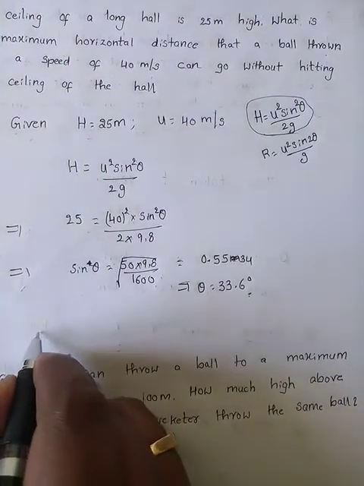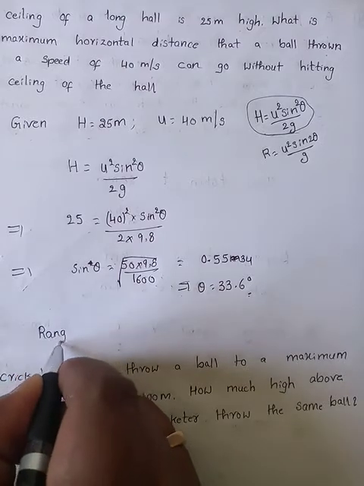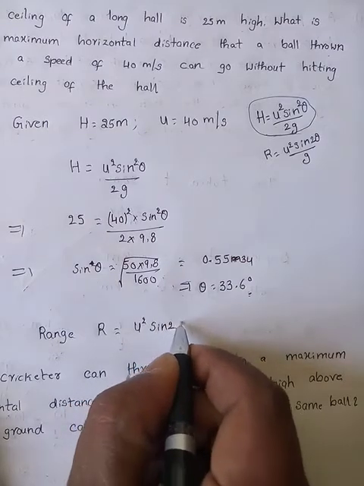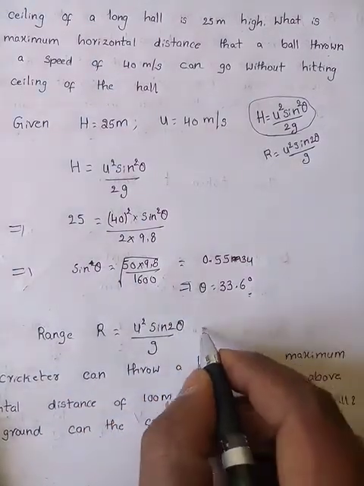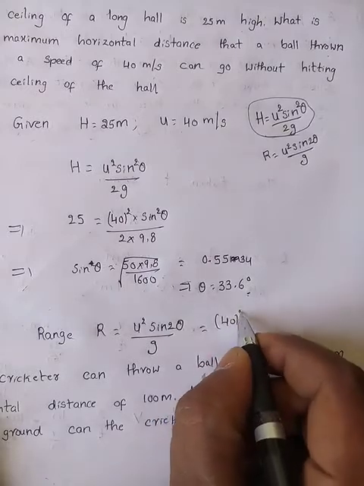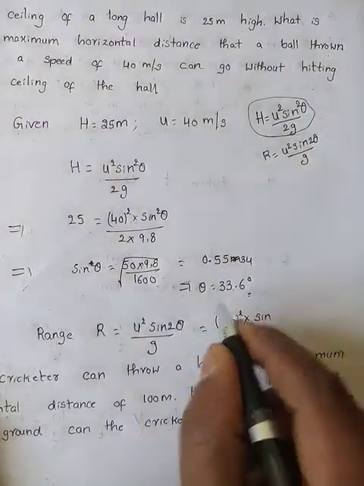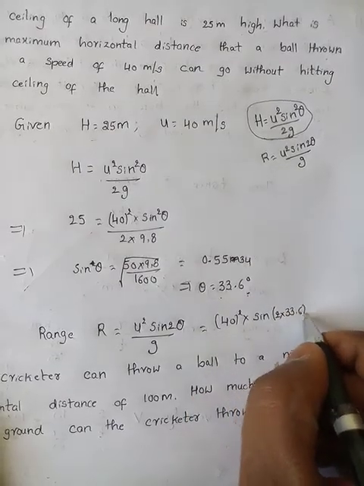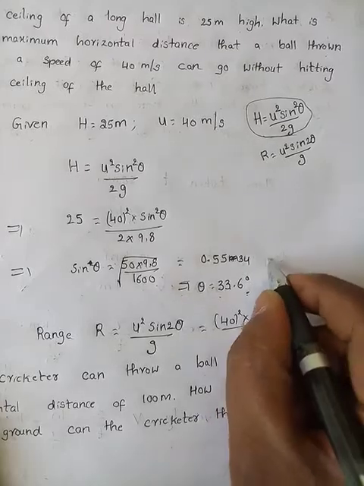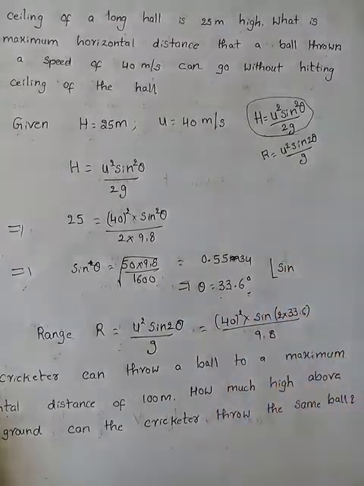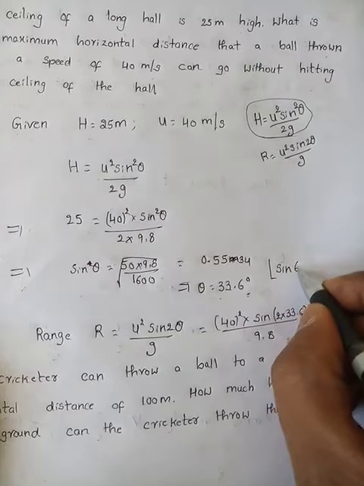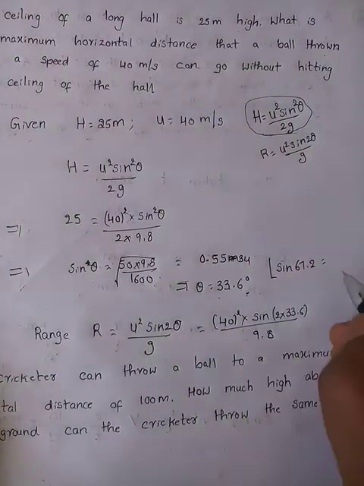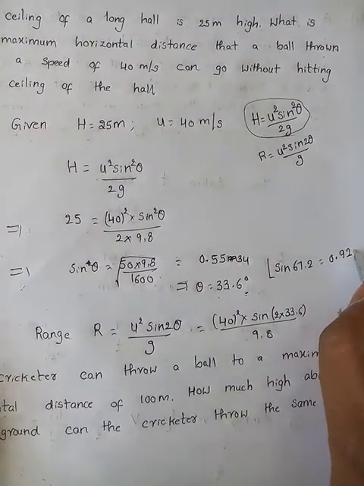Now, what is the range formula, or the maximum horizontal distance travelled by the projectile? It is u² sin 2θ / g. u² is 40², and sin 2θ means sin of 2 into 33.6, divided by 9.8. The value of sin 67.2 is given in the examination, that is 0.9219.